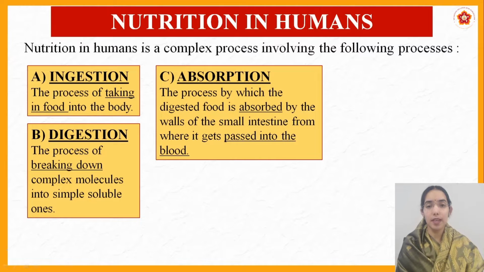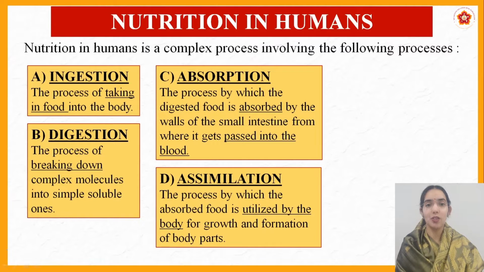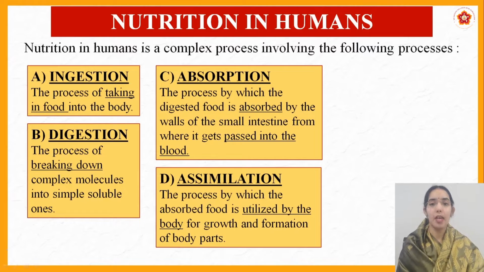So what will these cells of the body do once they receive this digested food? They will utilize it. This process of utilizing the food is known as assimilation. The process by which the absorbed food is utilized by the body for growth and formation of body parts is known as assimilation.